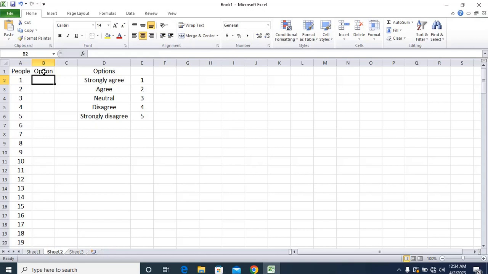For example, person 1 ticks neutral, that is 3. Person 2 ticks disagree, that is option 4. Person 3 ticks strongly agree, that is option 1. Similarly, different options can be ticked by different people.